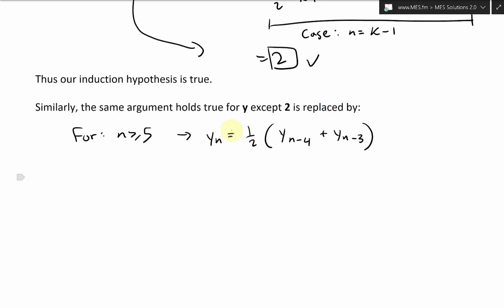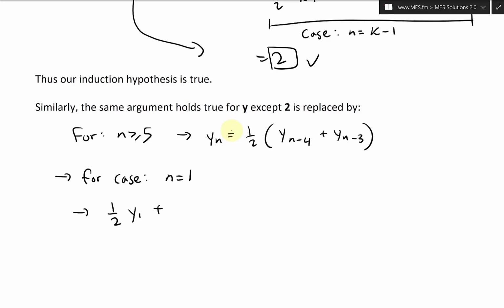Remember, it's a square. So then we look at the first case, n equals 1. We get 1/2 y_1 plus y_2. Remember, that's n plus 1, n plus 2, and n plus 3.